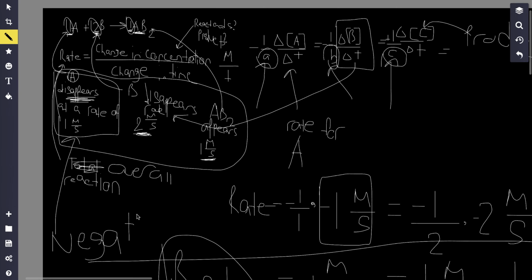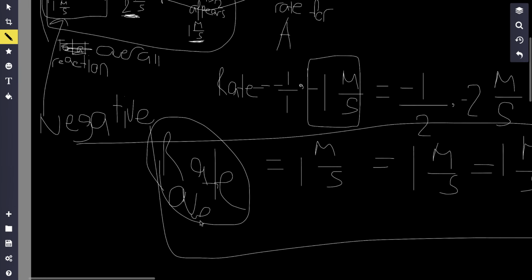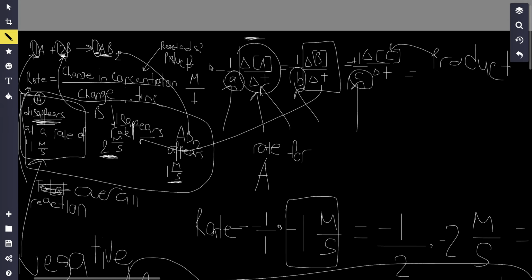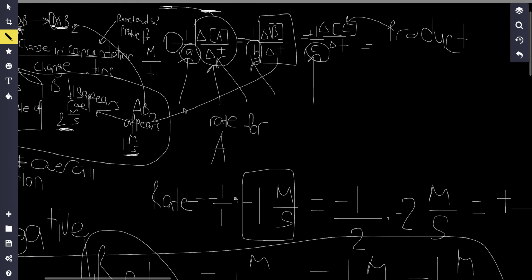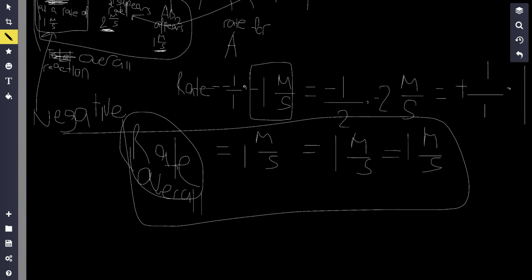However, the rate for the overall reaction is always going to be positive, because this is negative since it's the reactant, and notice how we put a negative sign right in front of this equation. So the negatives cancel out and we get a positive value. For all of these terms, the rate for the overall reaction is going to be positive.